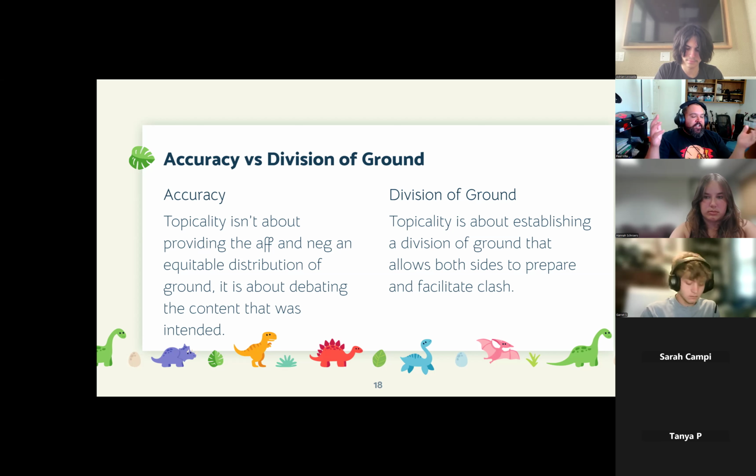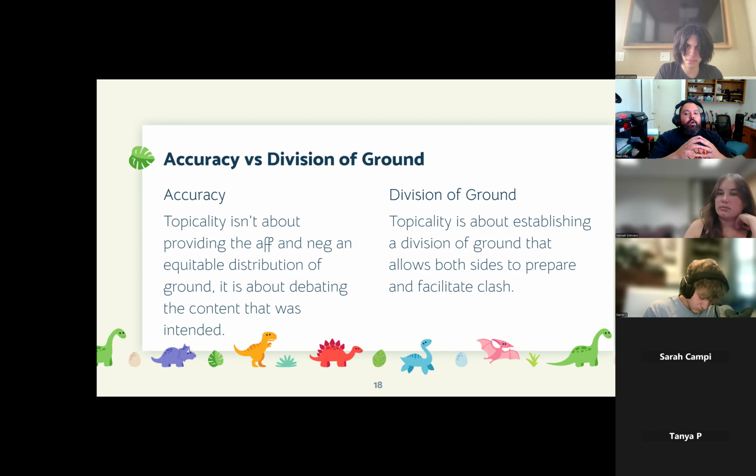Rare earth minerals is not a term of art. It was defined by the organization that makes the periodic table. There is a right answer here, and we should debate that no matter how good or bad it is for the af or the negative. Now, in the majority of instances, people understand topicality to instead be about a division of ground. That we're establishing a division of ground that allows both sides to prepare and facilitate clash, right?